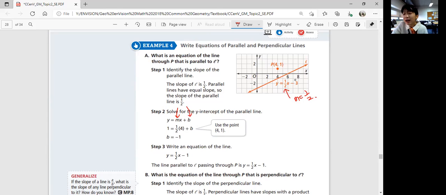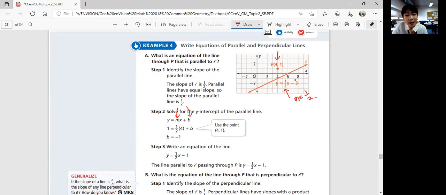So you can use any point, but we're only given 1 point, right? So we're going to use the point 4, 1. Any point on the line is possible, but we're just given 1 point. So plug in 4 for x, plug in 1 for y, because if you plug any point into an equation of the line, you should have an equation that makes sense.